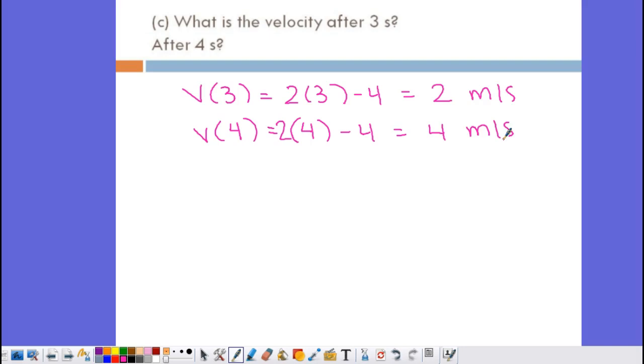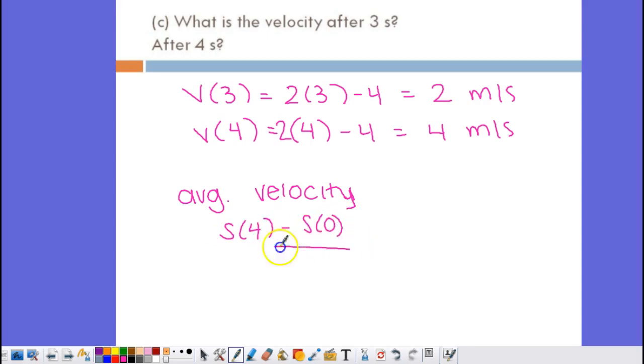So again, what you were asking about was the average velocity. If we wanted to know the average velocity after 4 seconds, it would have looked like S of 4 minus S of 0 all over 4 minus 0.